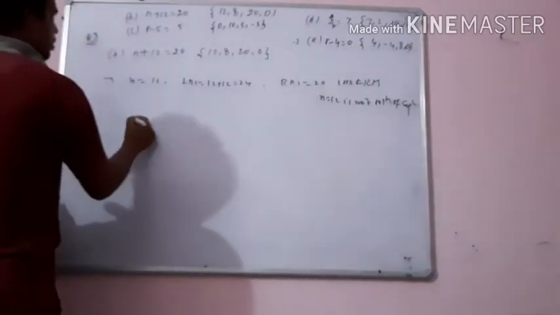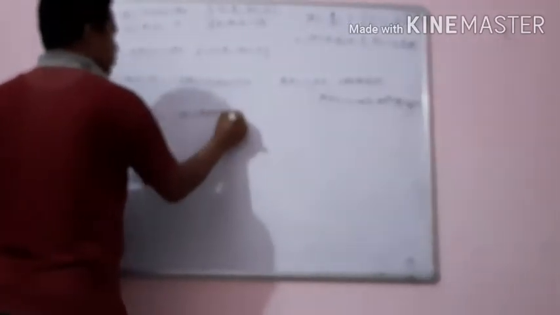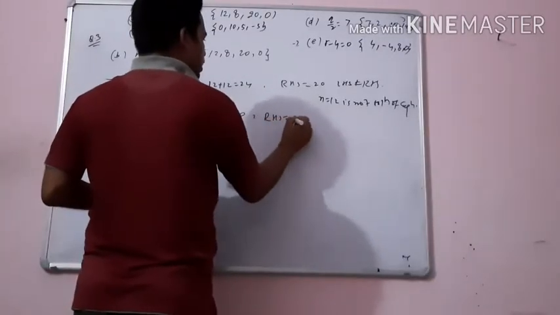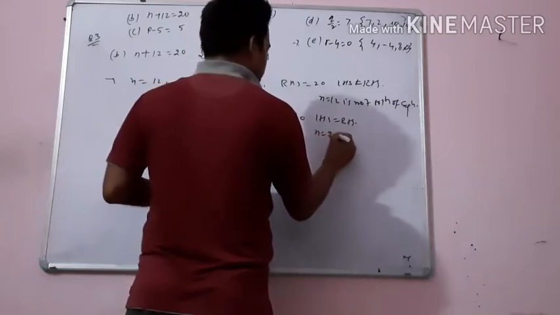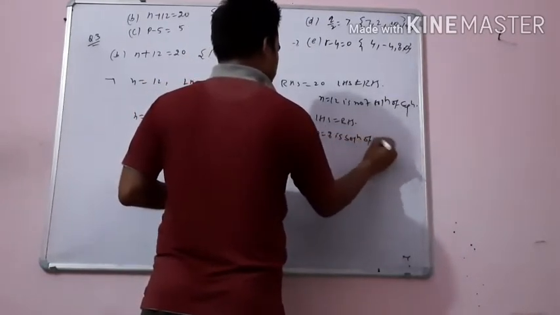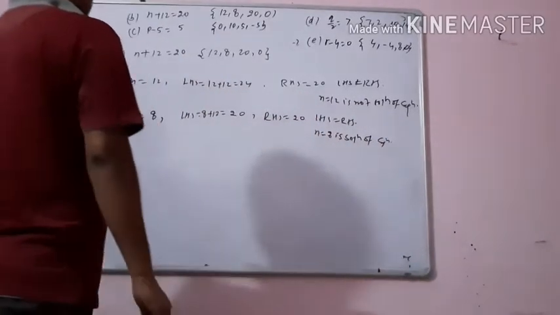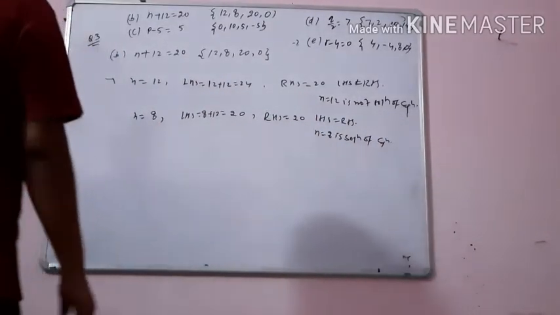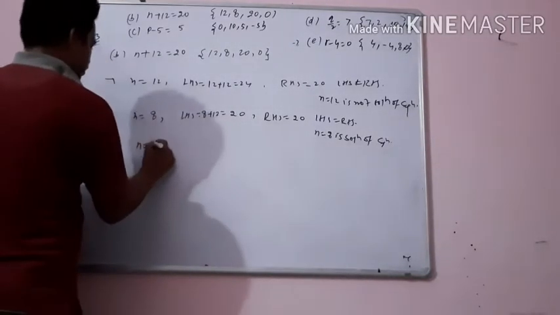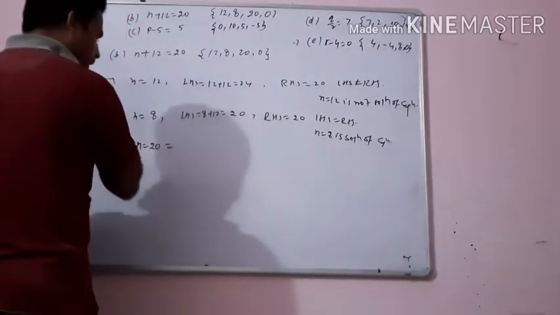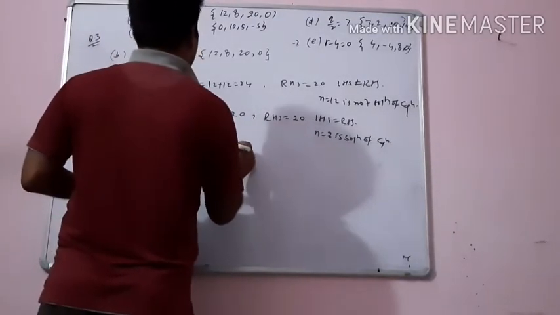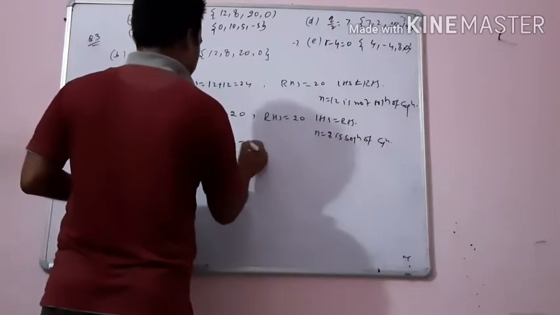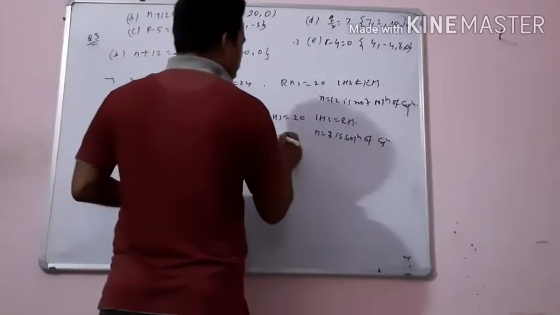Similarly, taking n equals 8, LHS will be 8 plus 12, that is 20, RHS equals 20. So LHS equals RHS, so n equals 8 is a solution of the equation. Taking n equals 20, LHS will be 20 plus 12, that is 32, and RHS is 20.